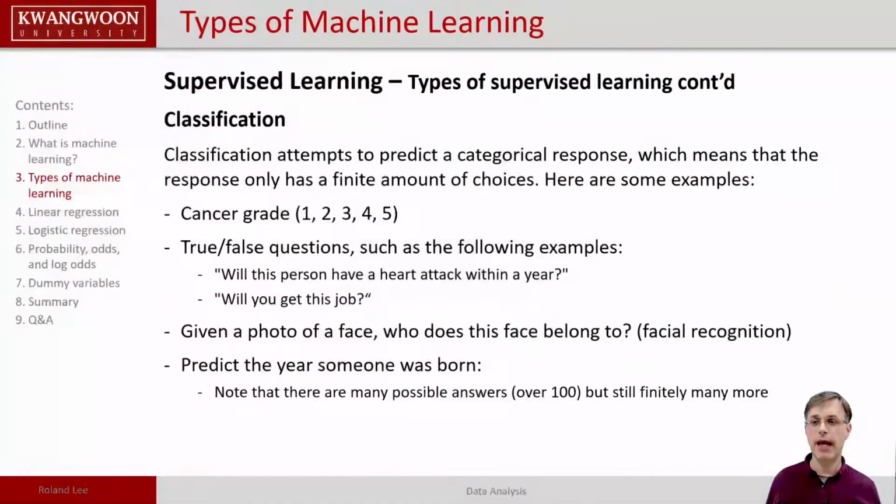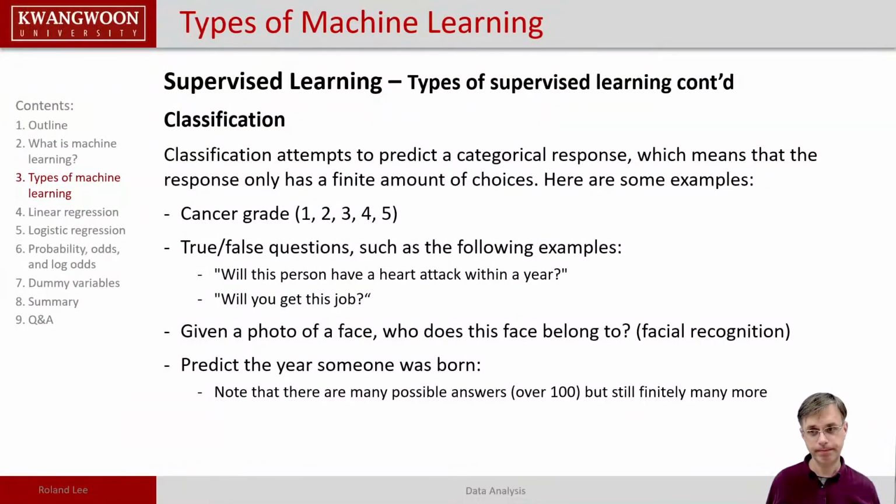Classification attempts to predict a categorical response, which means that the response only has a finite number of choices. Examples include cancer grade 1, 2, 3, 4, 5, true and false questions such as the following: will this person have a heart attack within a year?